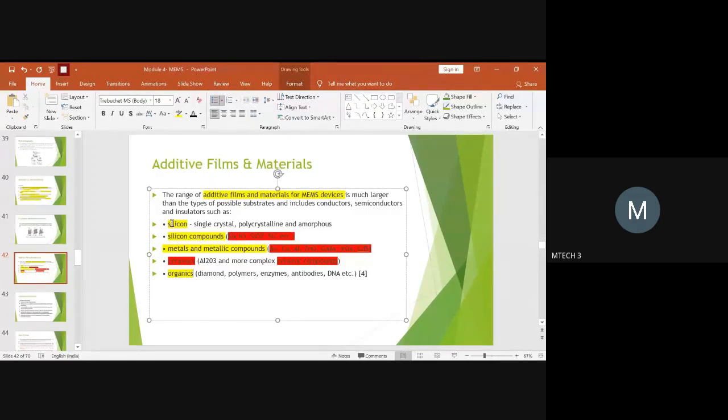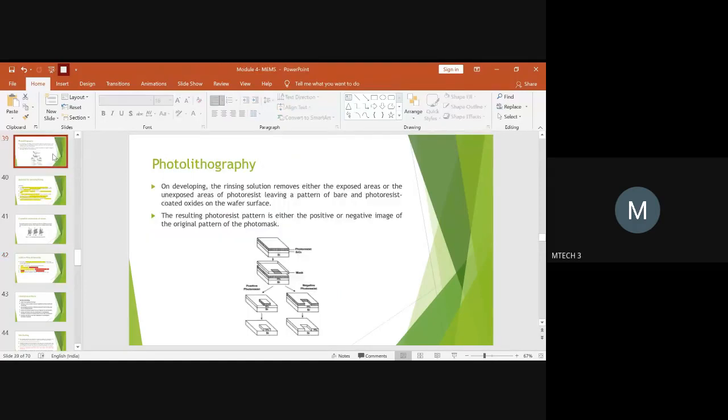For others, you can go on without the additive film also if the thickness is very small, but for ceramics you should be very careful. And also for organics, the additive layer should be strong enough. So these are the different variants of additive layers which are available to act as a good adhesive layer between the silicon substrate and the thin film that you have deposited.